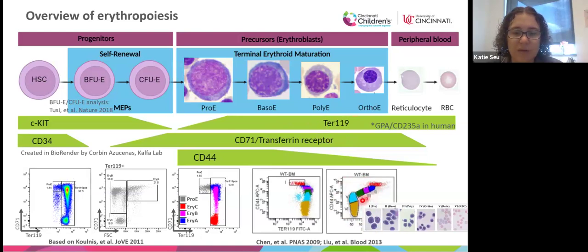And so you can see here that even just based on CD44 expression, these cells don't separate out. They have to use the forward scatter to see the change in the cell size. And so these morphological features dominate in identifying these different cell types, which are clearly morphologically distinguishable, but in flow cytometry can be tricky to kind of separate out.